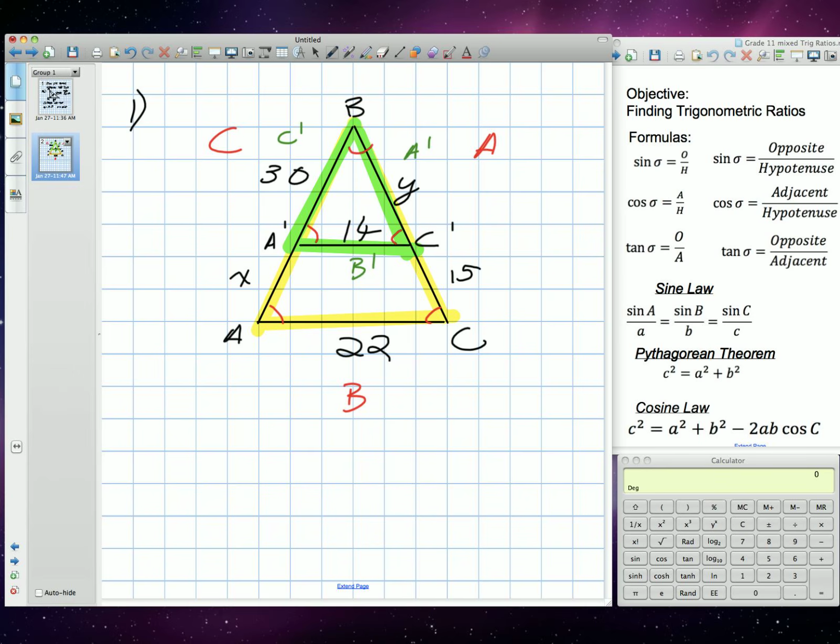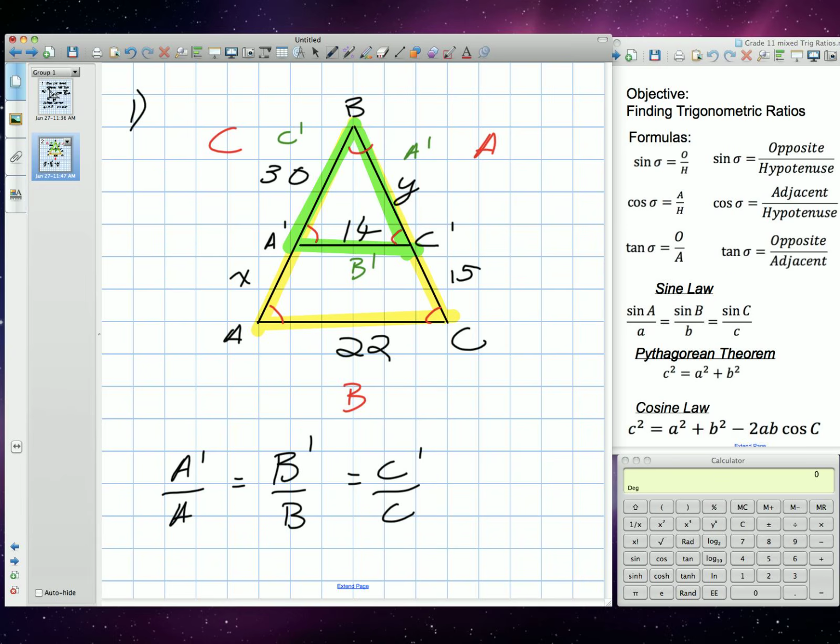Which two C's, two A's, or two B's do we have, or do we have any? Yes, we have both of the B measurements, B and B1. Those are similar sides of a triangle. So when I go to set up this triangle, my ratios can look like this. I can have A1 in reference to A, B1 in reference to B, and C1 in reference to C.